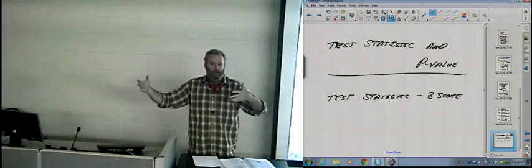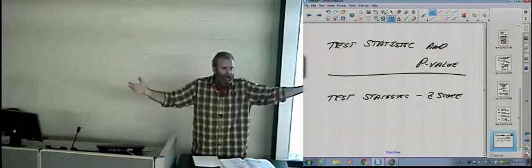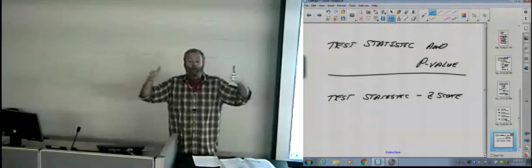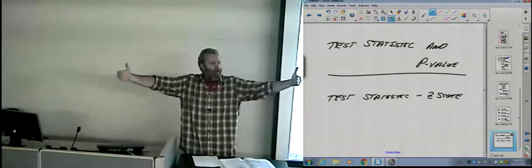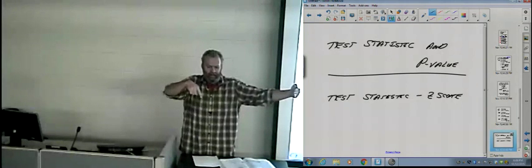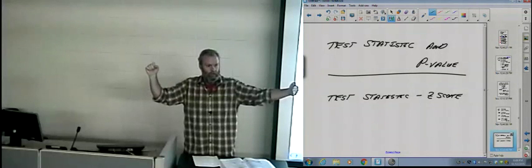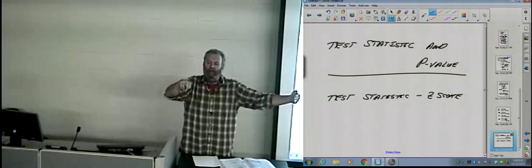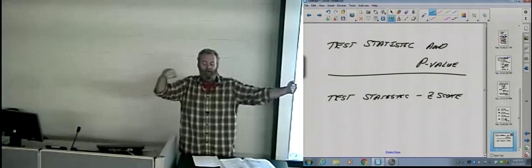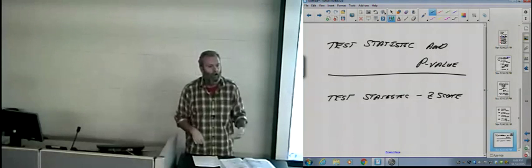Minus 3.123 is negative, but that's still a large z-score, even though it's to the left. The further you are out the tail, you don't believe the null hypothesis. You believe the alternative. The larger the value of your test statistic, the further you are out the tail, the more evidence against the null hypothesis in favor of the alternative.